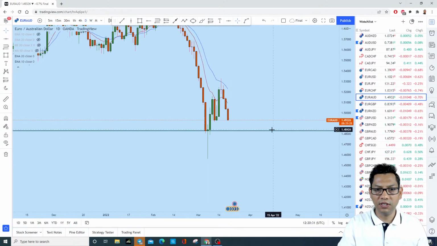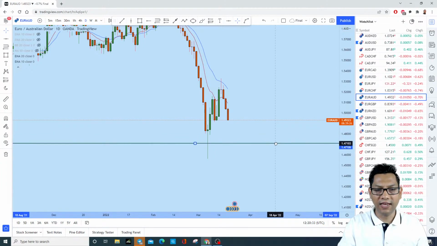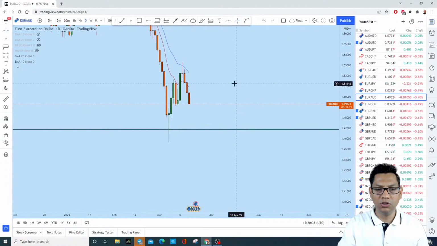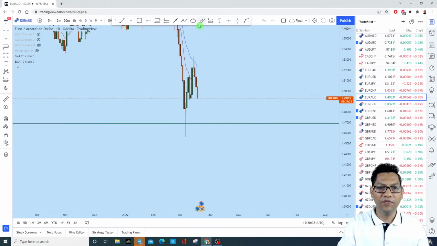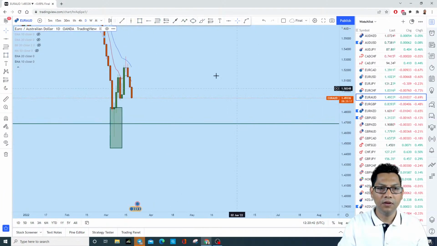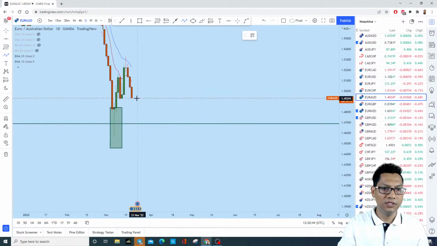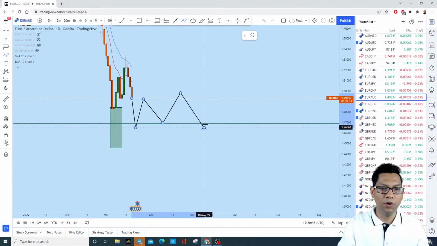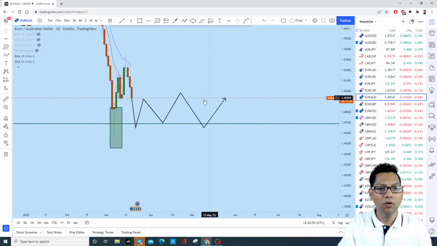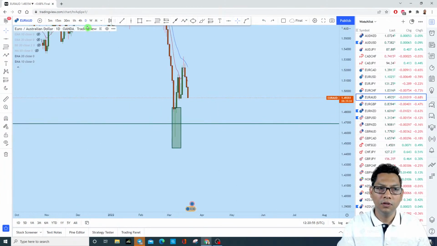So this Euro AUD is likely to come to this zone, around 50% of this daily rejection area, here. This is the daily chart, and then we could see something like this moving sideways. So for now, bearish: today, tomorrow, bearish.